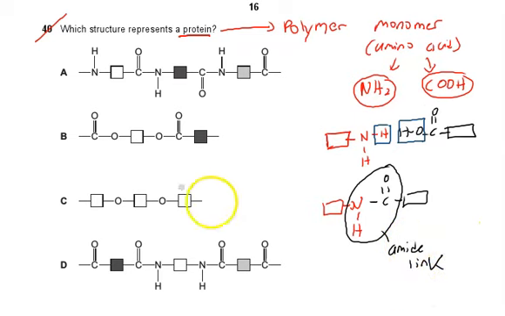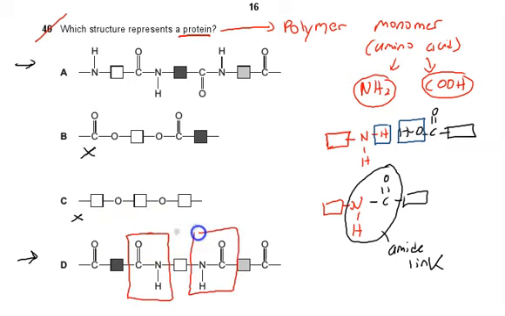Now we have to choose the suitable one. It's not B, it's not C, so it's either A or D. The difference is that D is having the same linkage.